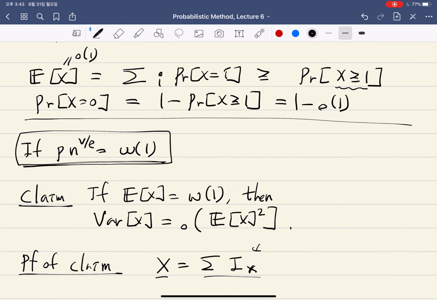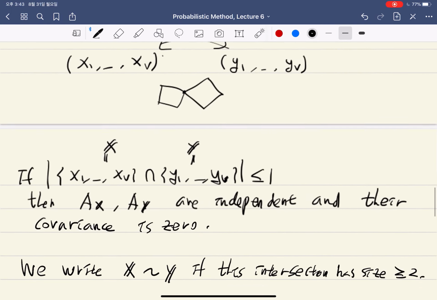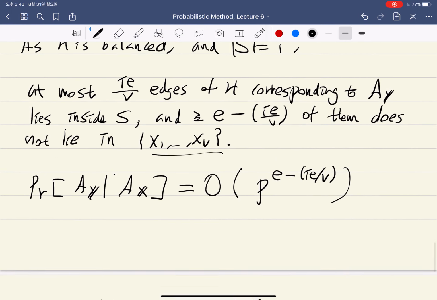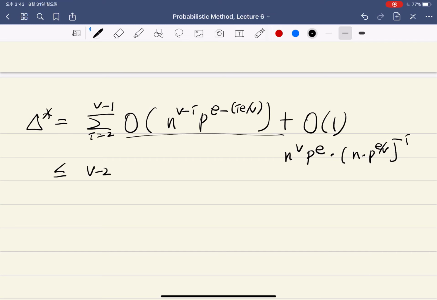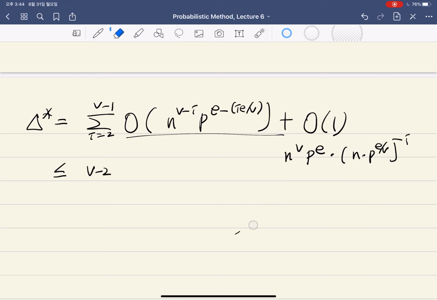The assumption is that this goes to infinity, meaning that N times P to the E over V is the same as N to the V over E, P to the E over V. So this goes to infinity, and you take the negative I, so that goes to 0 as N goes to infinity.